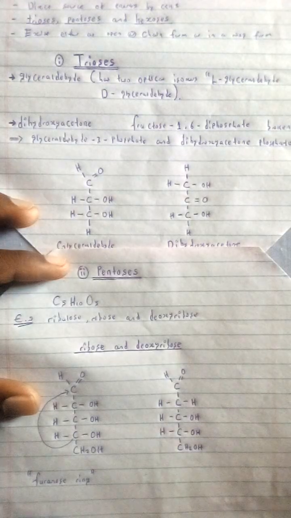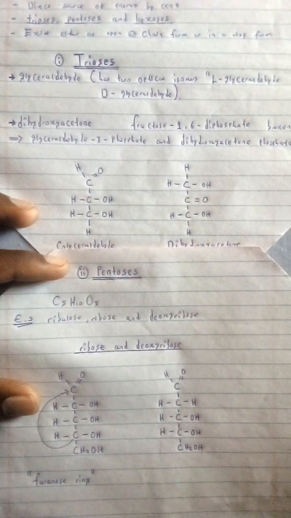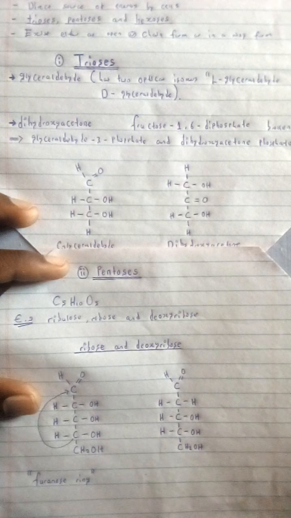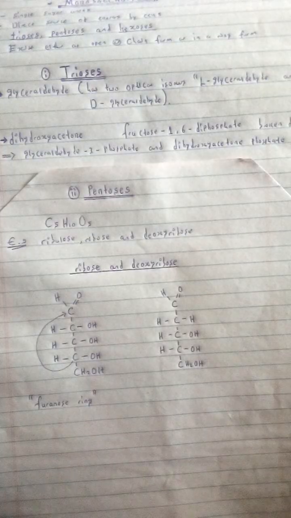All right, so let's simply draw the structure of both ribose and deoxyribose. We draw them in ring forms. Let's look at their ring forms. This one can exist in 2 forms.